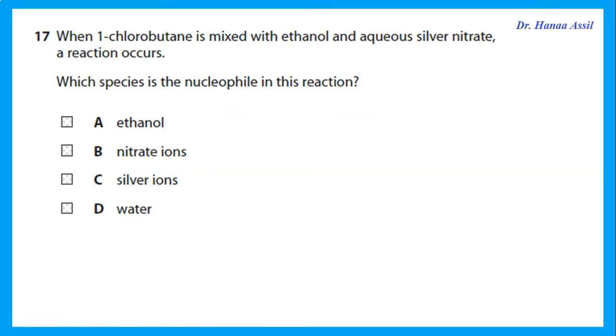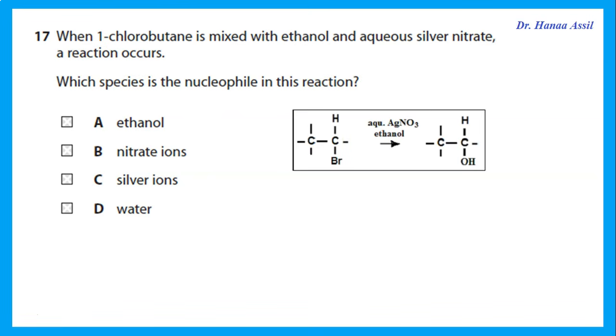When 1-chlorobutane is mixed with ethanol and aqueous silver nitrate, a reaction occurs. Which species is the nucleophile? Okay, when we react a halogenoalkane with aqueous silver nitrate in ethanol, what happens? The Br, or the Cl in this case, is replaced by an OH.